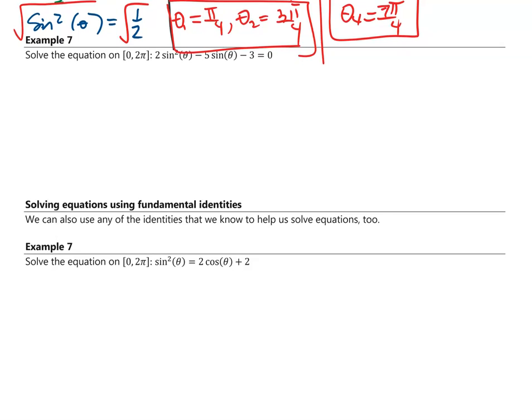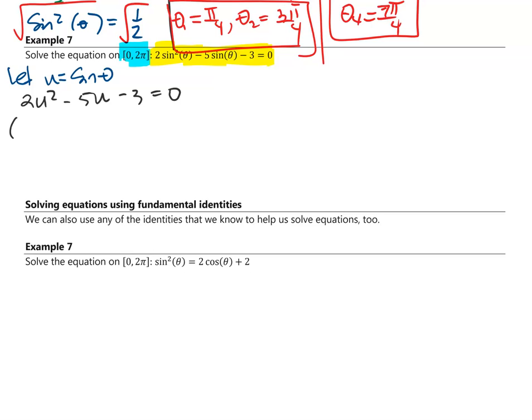Example 7. Solve the equation on the interval from 0 to 2 pi. This time given 2 sine squared theta minus 5 sine theta minus 3 is equal to 0. Let's say let u is equal to sine theta. So we will have now 2u squared minus 5u minus 3 is equal to 0.